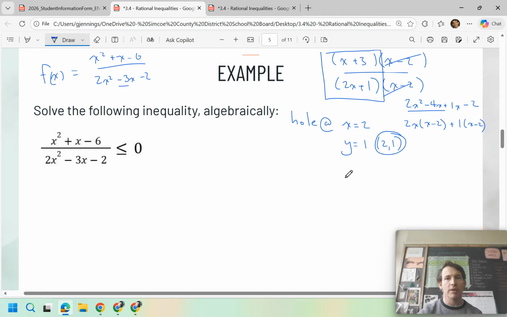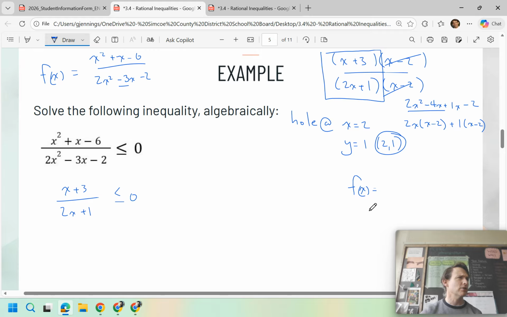Let's circle it. This is roughly the same thing as (x plus 3) over (2x plus 1), and that wants to be less than or equal to 0. So where are our key points with that function now? Where's the x-intercept?